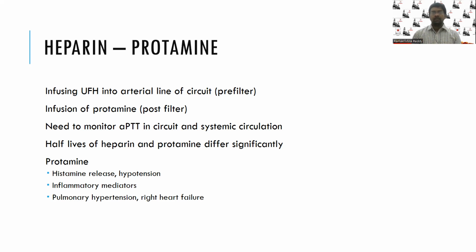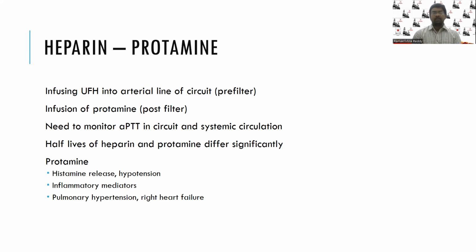When you are using this combination, you need to monitor APTT in the circuit and in the systemic circulation. But the problem here is that the half-lives of heparin and protamine differ significantly. The half-life of heparin is 90 minutes, whereas protamine is approximately 5 minutes. Whatever leftover drug in the post-filter phase enters the circulation will get dislodged.